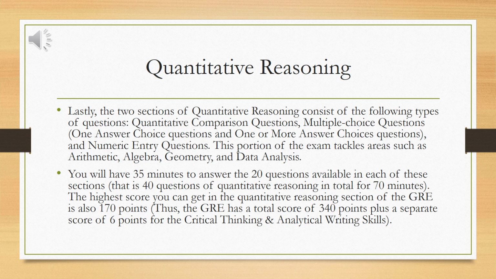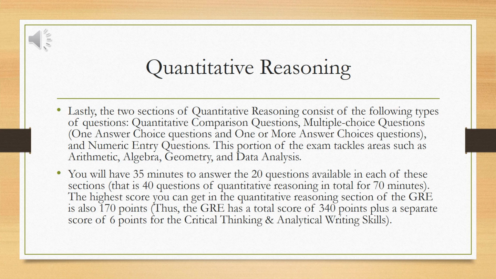Lastly, the 2 sections of quantitative reasoning consist of the following types of questions: quantitative comparison questions, multiple choice questions, and numeric entry questions. This portion of the exam tackles areas such as arithmetic, algebra, geometry, and data analysis.